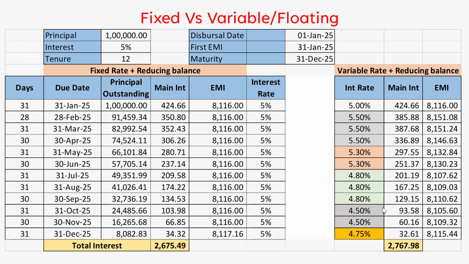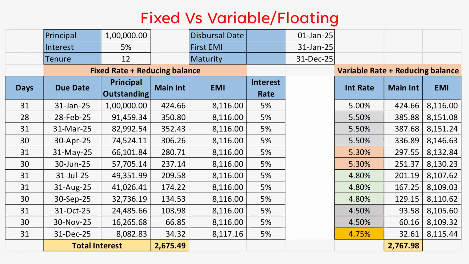And when it comes to the variable rate, why I'm saying variable rate here: in the first statement you look at the interest rate is fixed for the entire period, but in the variable rate, based on the market conditions, it is attached to some benchmark.